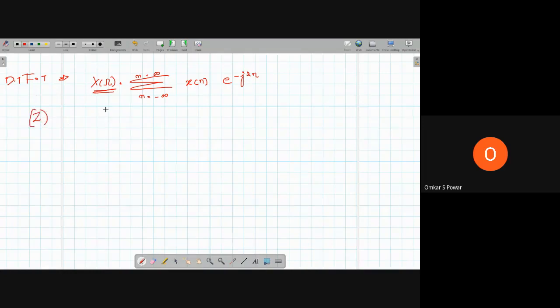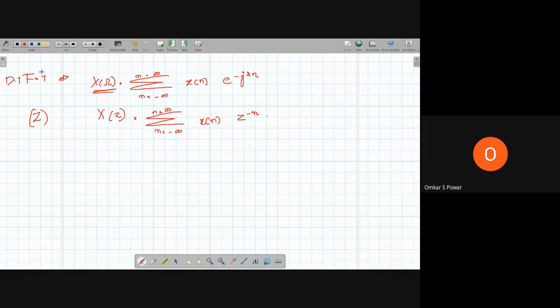Now what is the expression for your Z transform? It is X of z is equal to summation n varies from minus infinity to infinity x of n z power minus n.